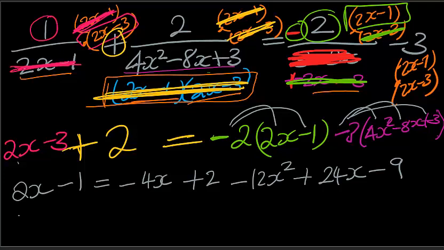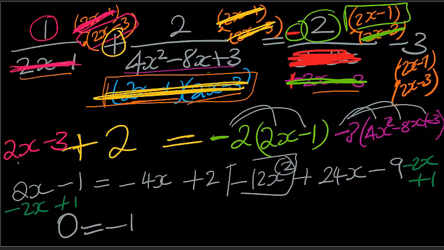Okay, so let's go again. 2x, I can move it already, right? Because I have a quadratic, I'm going to put everything on the left-hand side. So I can say minus 2x here, minus 2x there, plus 1, plus 1. So on the left-hand side, I have 0, and that is equal to, start here, minus 12x squared. Now I'm going to add my x's.